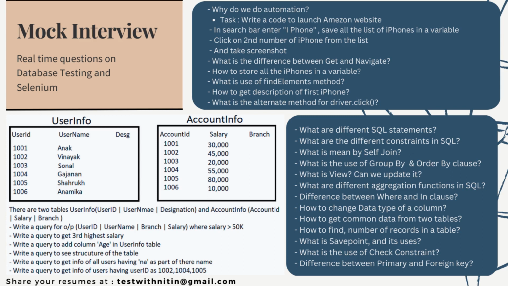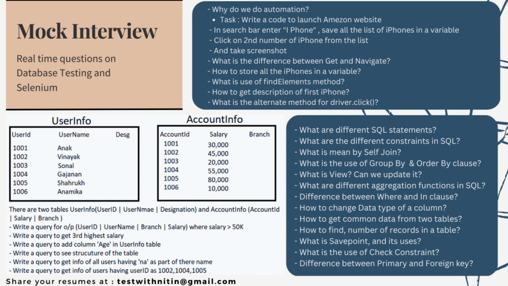Now let us say I'll give you a scenario. You tell me the code. Yes, sir. First step, launch the browser. Second step, open Amazon. Third step, search for iPhone.